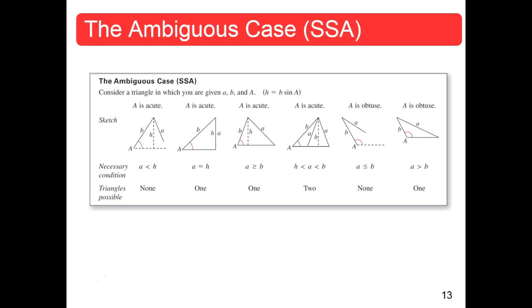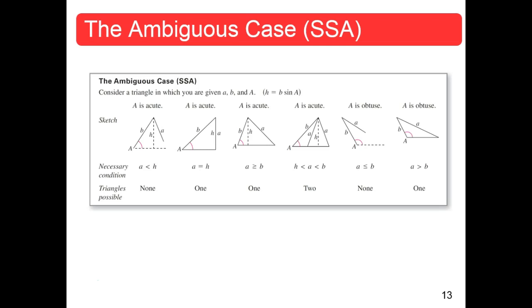Now, this is for acute angles A. If A is exactly equal to h, you have one and only one triangle, and that happens to be a right triangle because it's equal to h, okay? And then you don't even need the law of sines, but you can use it, but it's a right triangle then.